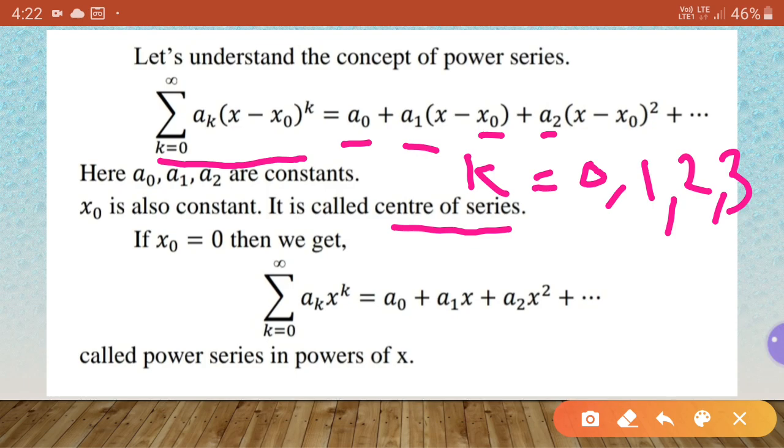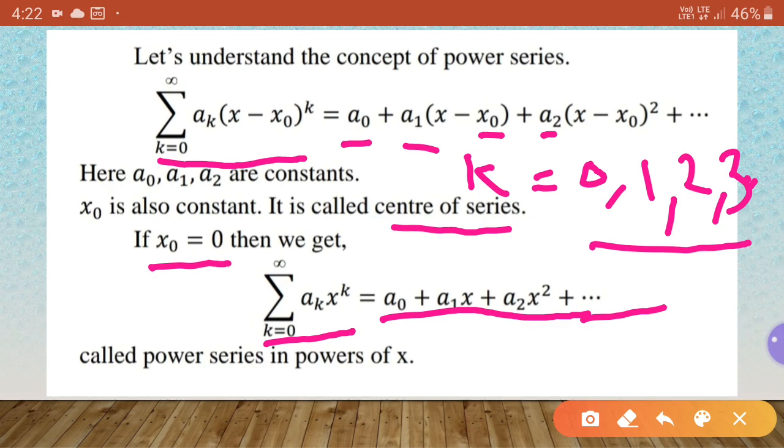Now if the value of x0 becomes 0, then we get this summation in the form of k equal to 0 to infinity ak x to the power k. Again if we substitute k equal to 0, 1, 2, 3 and so on, we get a0 plus a1x plus a2x square plus a3x cube and so on, and this series is called the power series at x0 equal to 0.